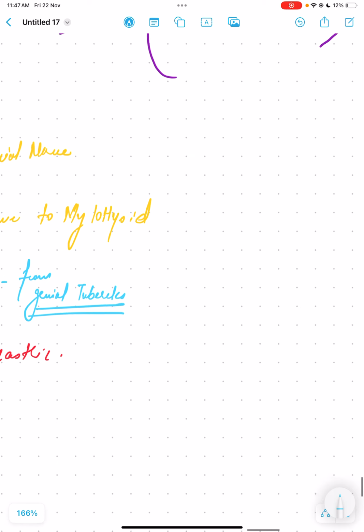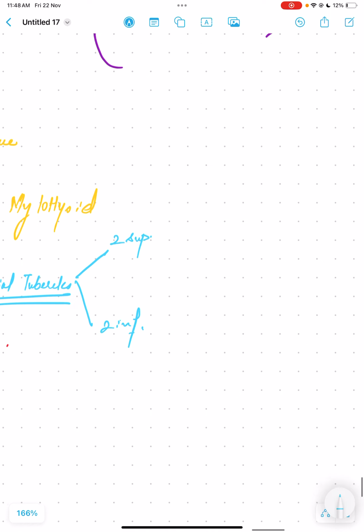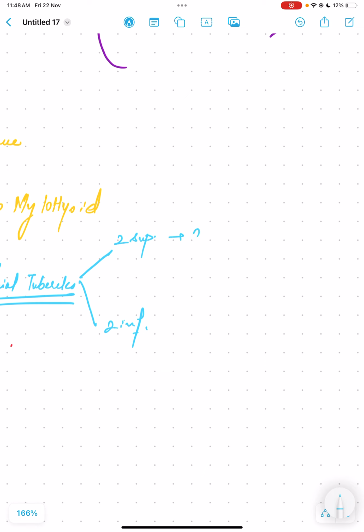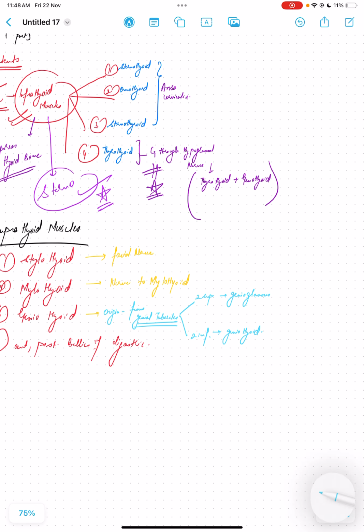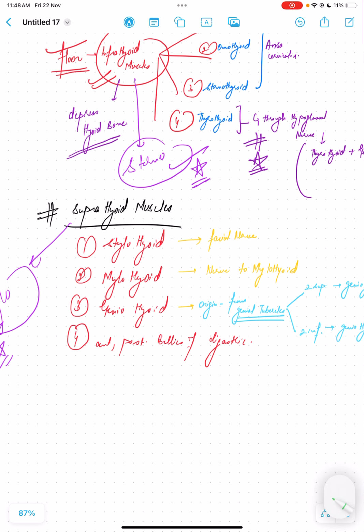Basically we have two genial tubercles, two superior and two inferior. The superior one is for genioglossus and the inferior one is for geniohyoid.